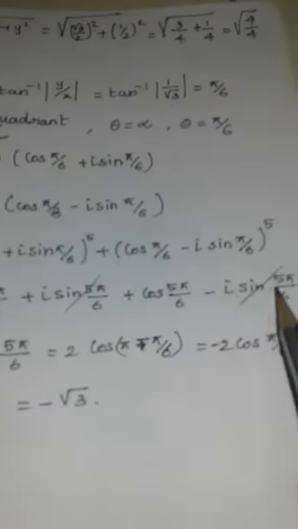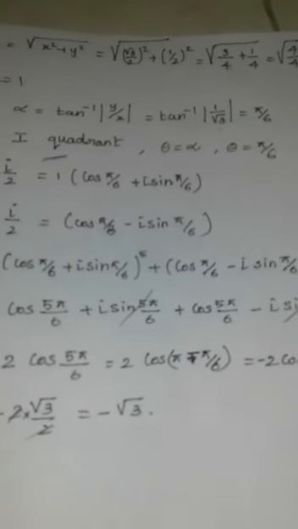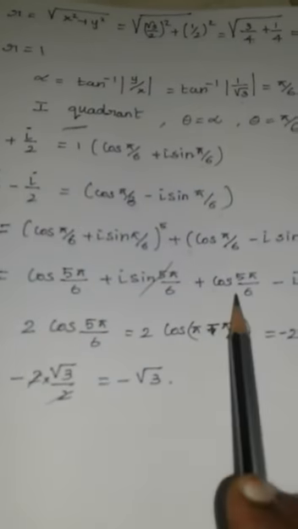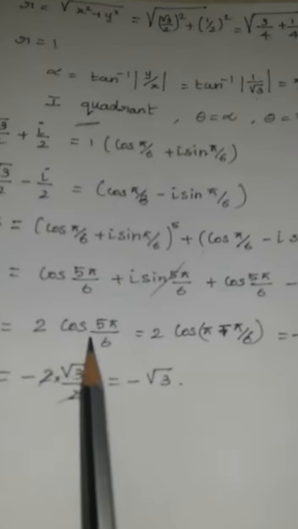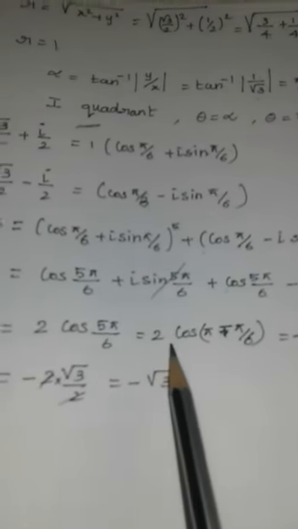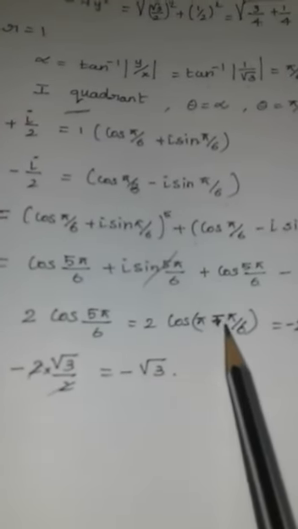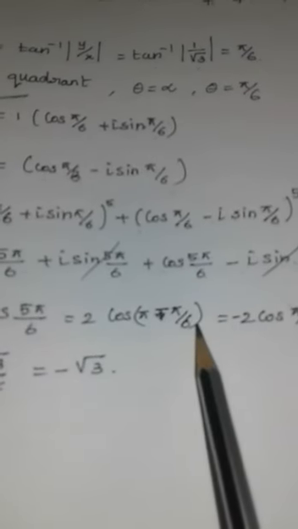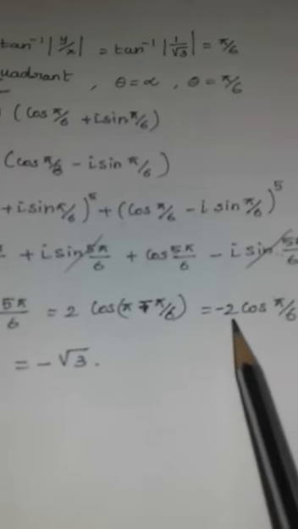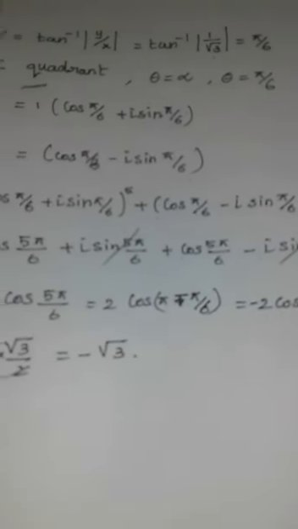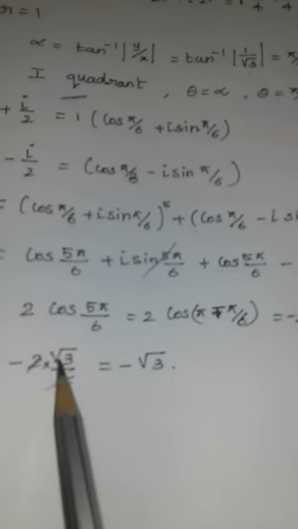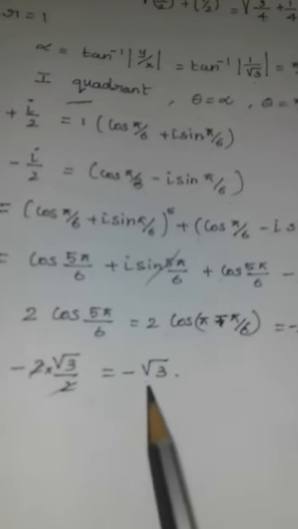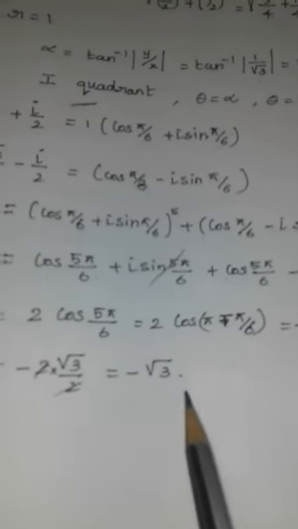One term is positive, one term is negative, so these two cancel. The other two are the same value, so 2 cos of 5 pi by 6. 2 into cos of pi minus pi by 6, where 180 minus theta gives minus cos theta. So minus 2 into cos of pi by 6. Cos pi by 6 value is root 3 by 2. The 2 cancels, equal to minus root 3. Thank you children.